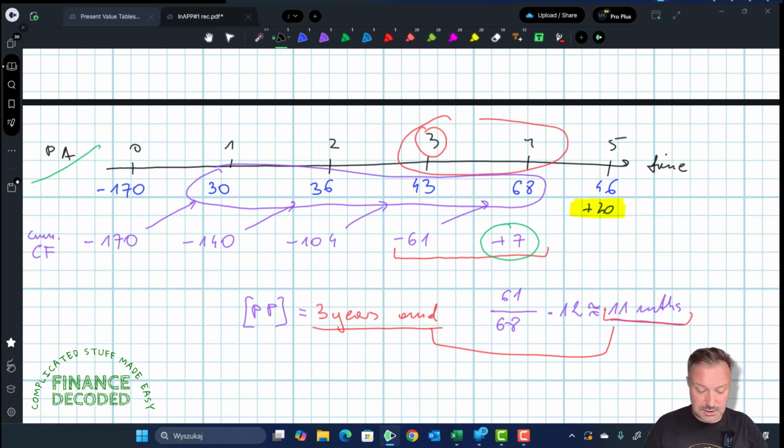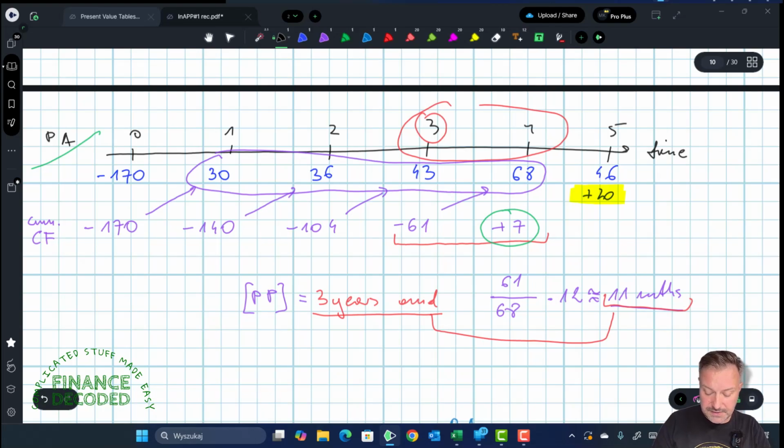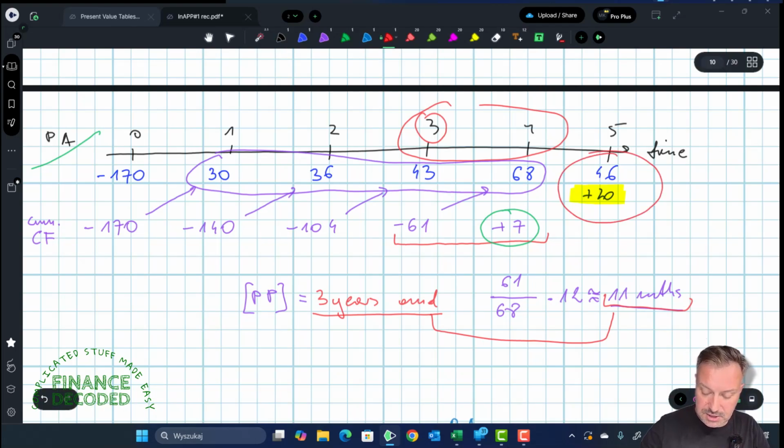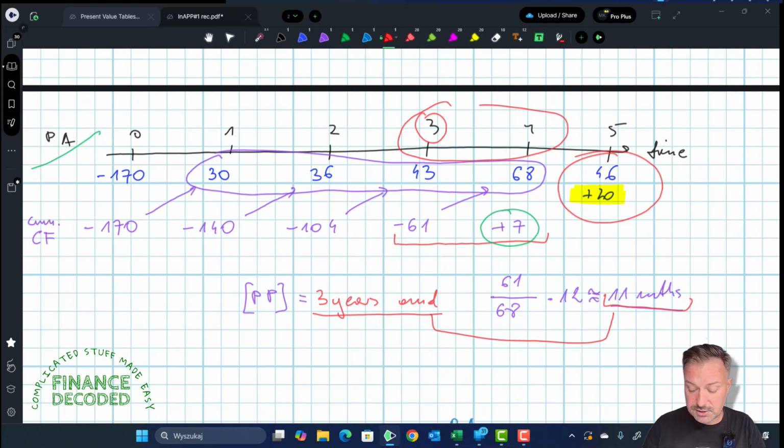So in the case of project A, which you see on the screen, we only take into account the cash flows that are expected to be received before year 3 and 11 months. Cash flows coming after that, in this case, this cash return of 48 and the scrap value, are not really taken into account.